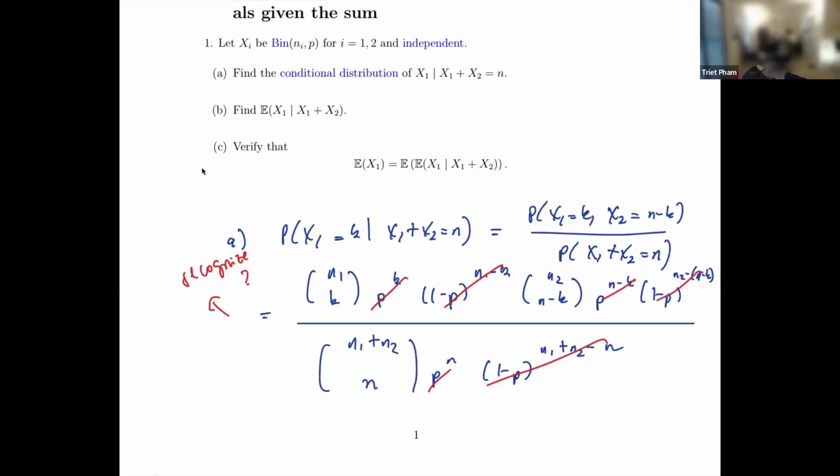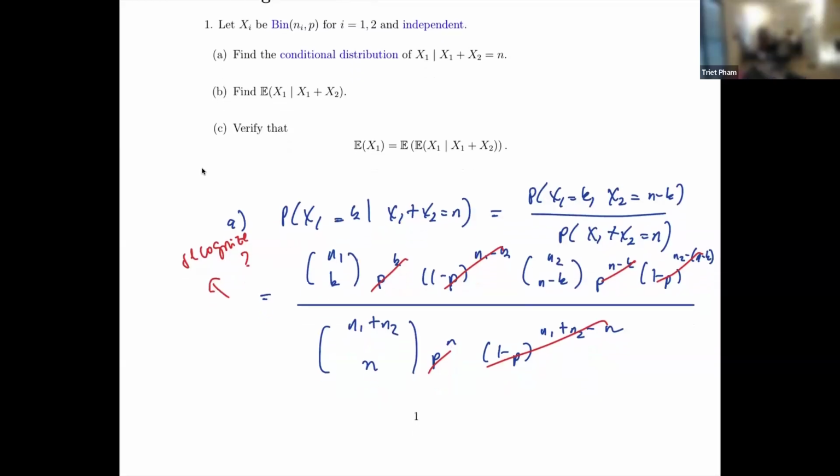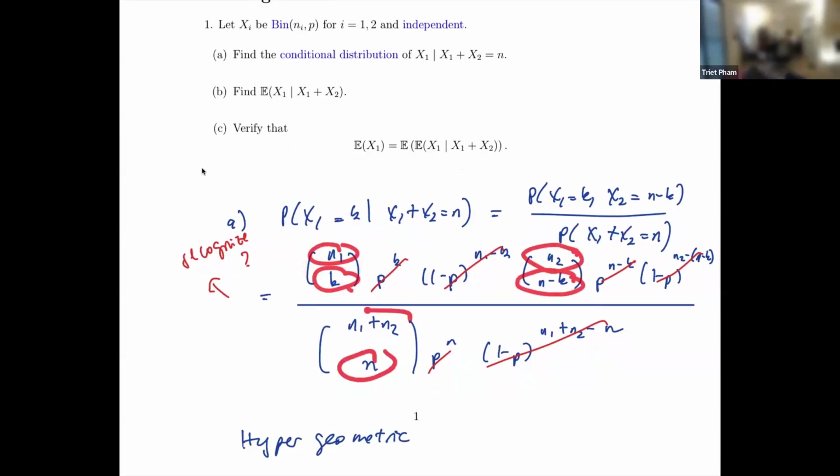The answer is yes. That is the hypergeometric. Remember, out of the blue group, you choose k blue. Out of the second group, you choose the remaining red, and this is your sample size. So that's exactly hypergeometric.